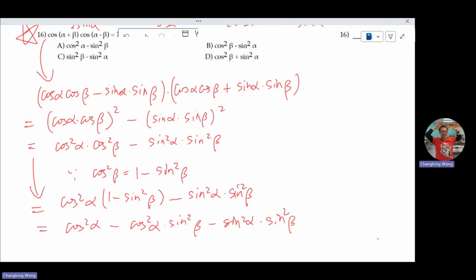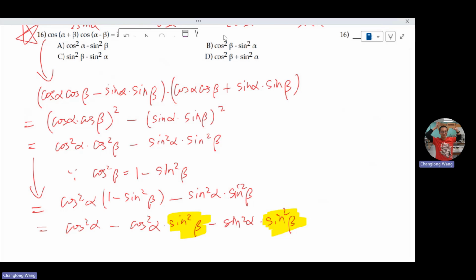I did get the first term worked out perfectly like letter A, right? So I need to turn the remaining part magically into something like sine square beta, right? Do we have sine square beta? Yes. It's right there. And it turns out that both terms share the same factor, right? What does it remind you?